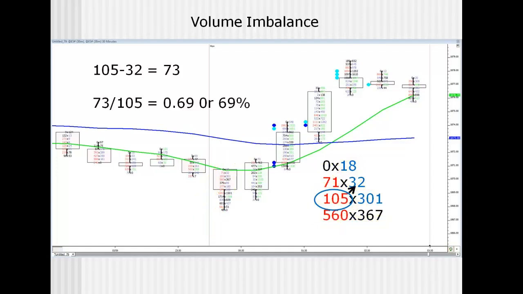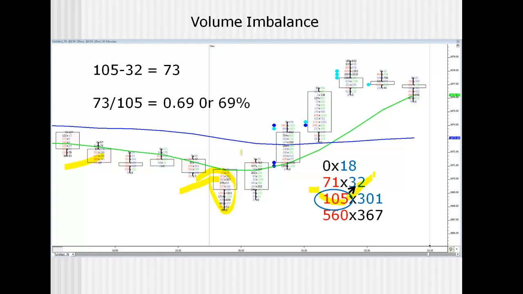Let's do the calculation together here just to demonstrate how we arrive at that percentage. And I'm doing it here for the example that we show. Remember, we're looking at the candle right here, and in this case we are looking at 105 and 32. Notice we look diagonally. 32 is the ask and 105 is the bid.